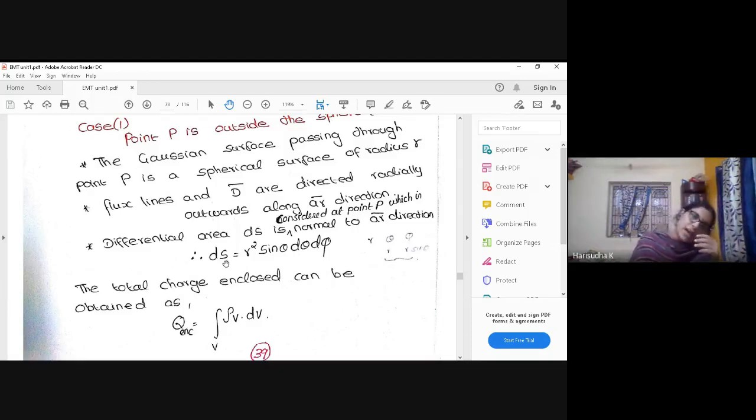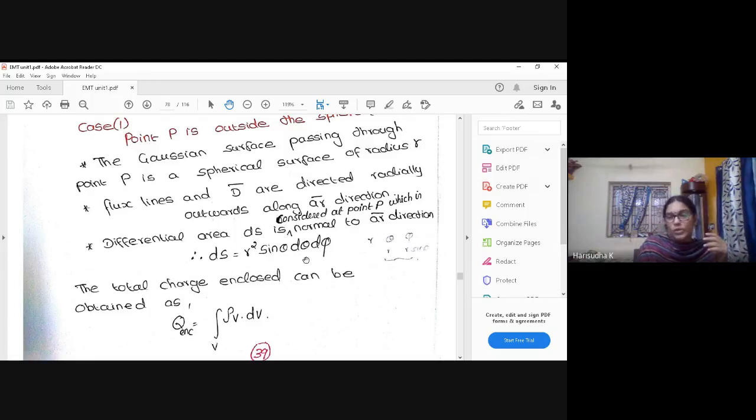Therefore, ds suffix r will be equal to d theta d phi into AR unit vector. That is the basic formula. What is d theta? What is d phi? d theta is nothing but r d theta, and d phi is nothing but r sine theta d phi. So therefore we get r square sine theta d theta d phi.